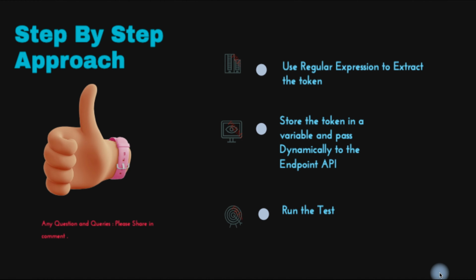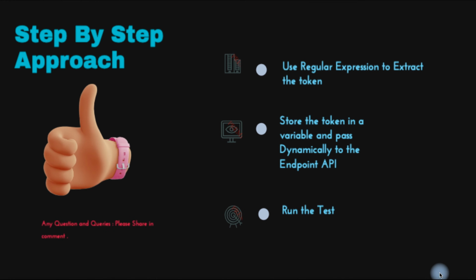Here is the step-by-step approach. So what should be our approach? First, we will use a regular expression to extract that token once we receive the valid token for the first time. Then we will design it to store that particular token in a variable and pass it dynamically to the endpoint API.